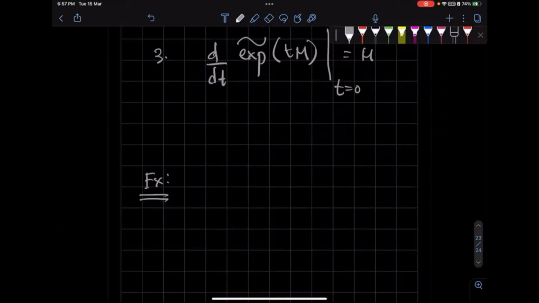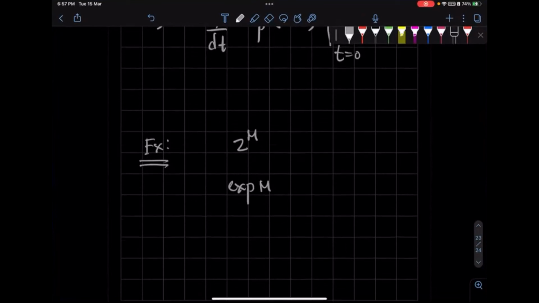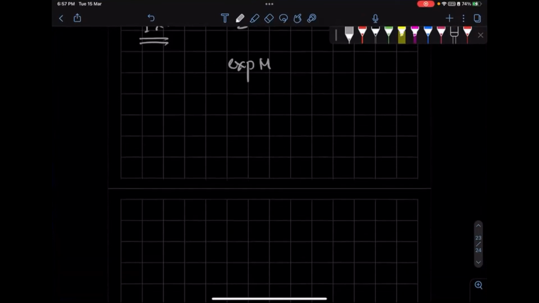As long as you can define it as a power series, that's fine. What do you mean by 2 to the power m, where m is a matrix? Whereas the meaning of the exponential of m when m is a matrix is pretty clear. So this exponential map is just E, the constant E. Okay, sir, got it.